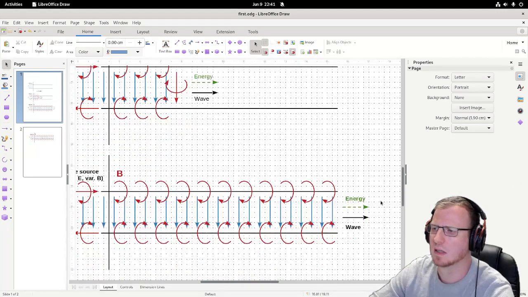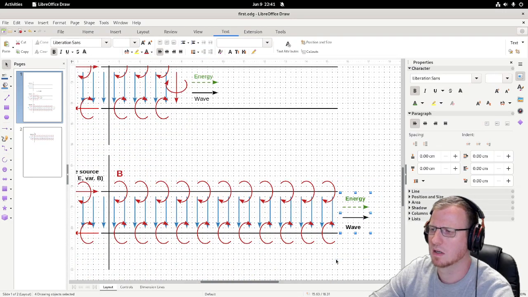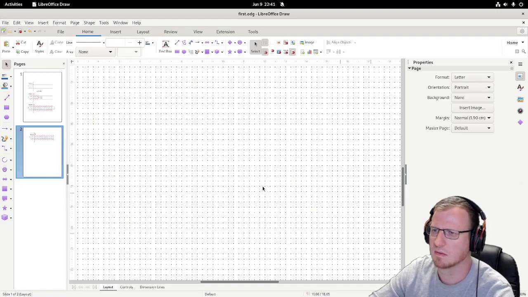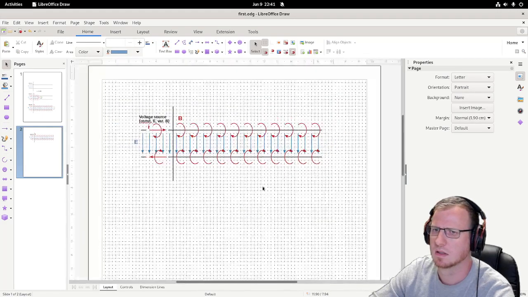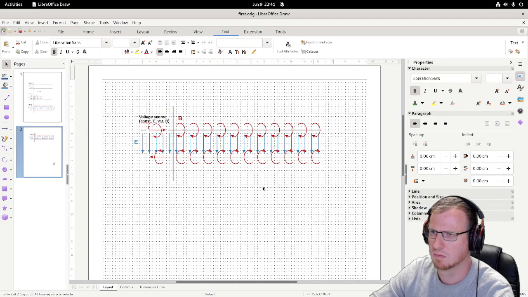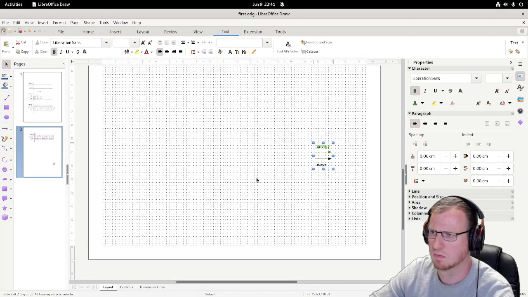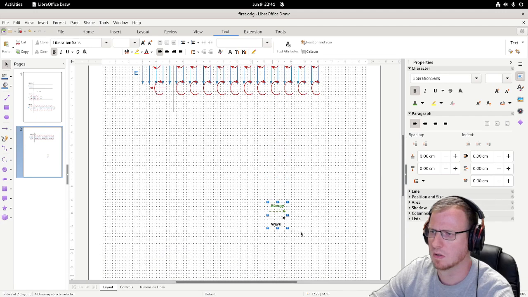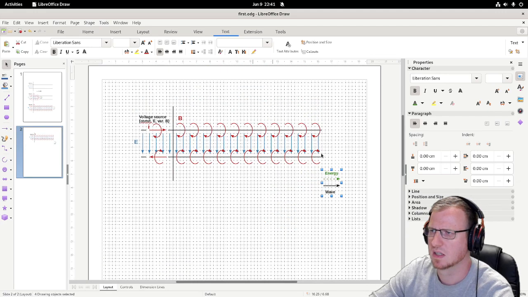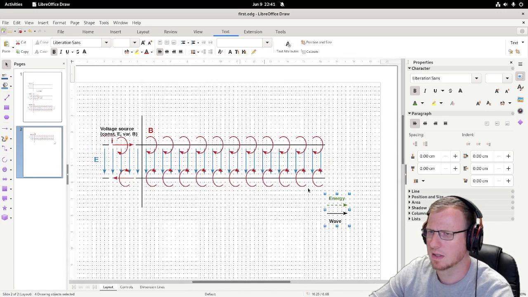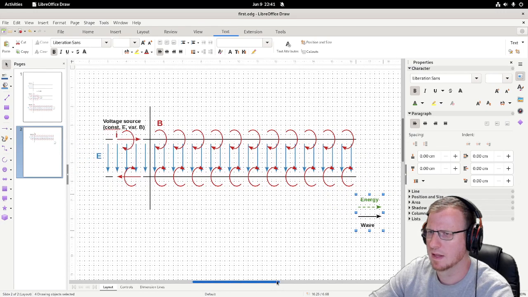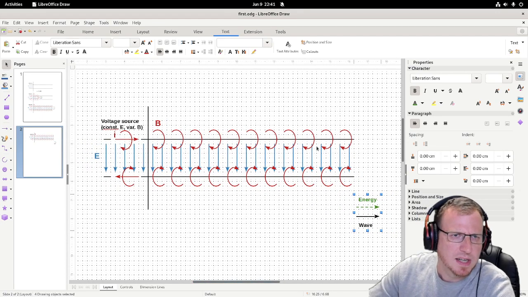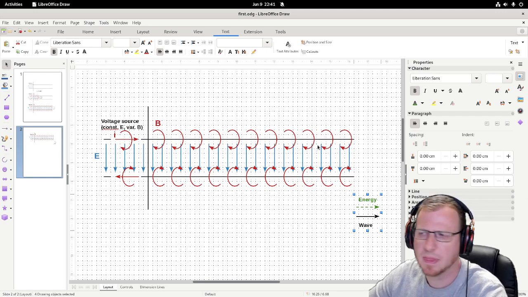So we make a copy, and here we make a paste. So as mentioned earlier, the magnetic field can't stop immediately.